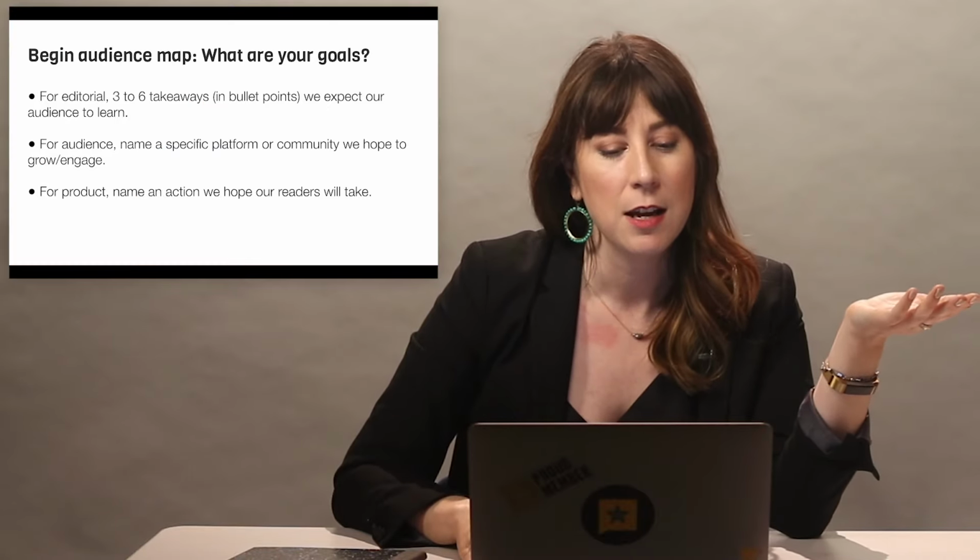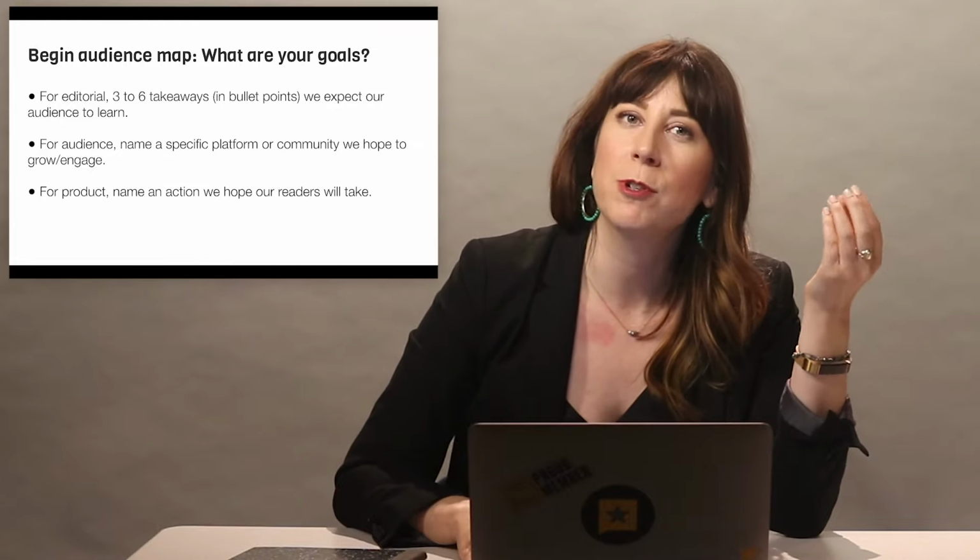So to get started with the actual audience mapping process, we are going to get into the audience map worksheets. You can find that template in the course platform links, and in the information about this module, it'll be there too. The first part of that 4-part audience map process is all about declaring your purpose.